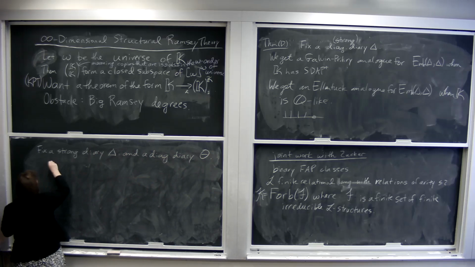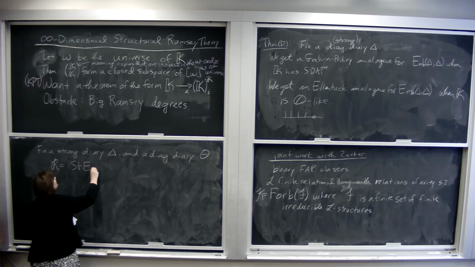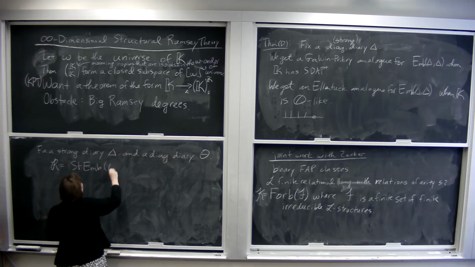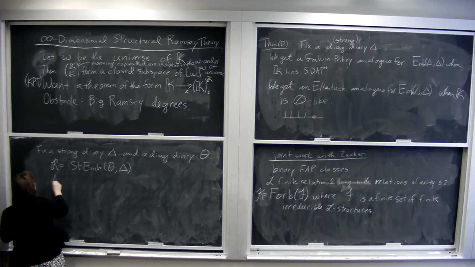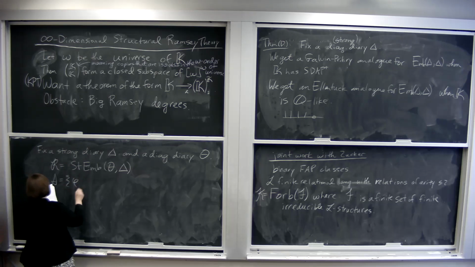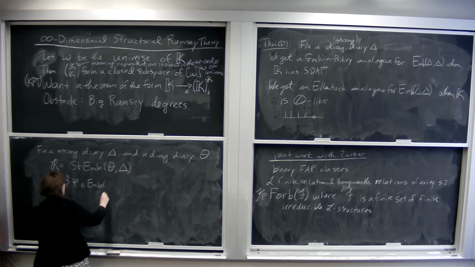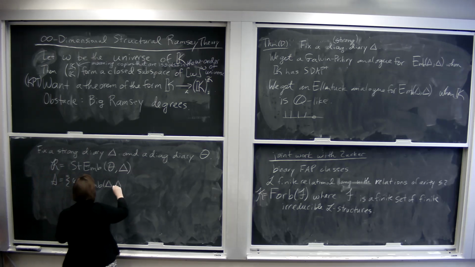And we're going to let R be the set of strong embeddings of theta into delta, and S is a set of embeddings which have an extra nice property, delta into delta.